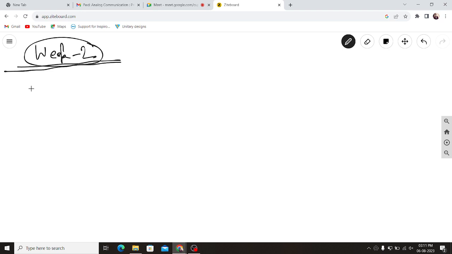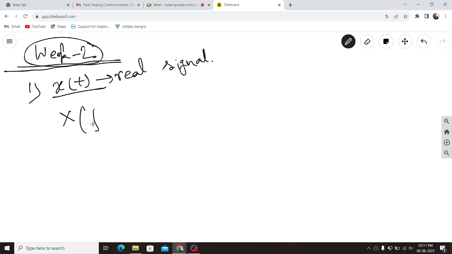The question number 1 is, we have a real signal x(t). This is a real signal, and it has a Fourier transform X(f).